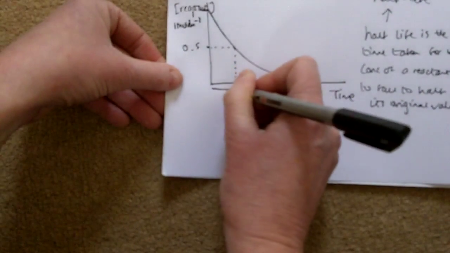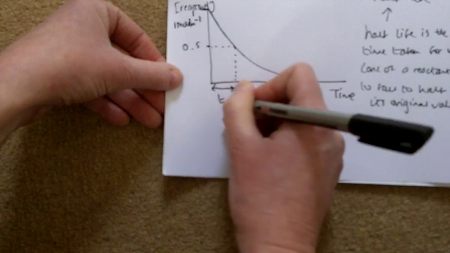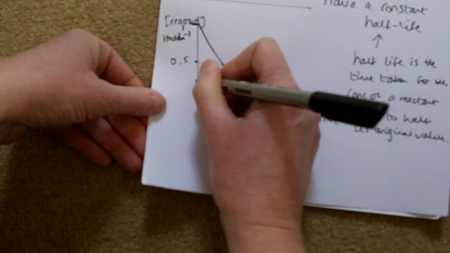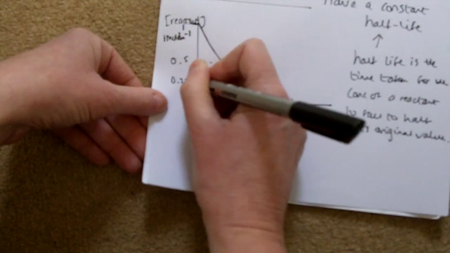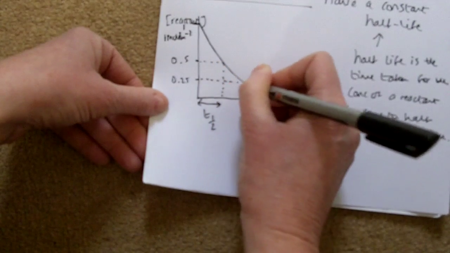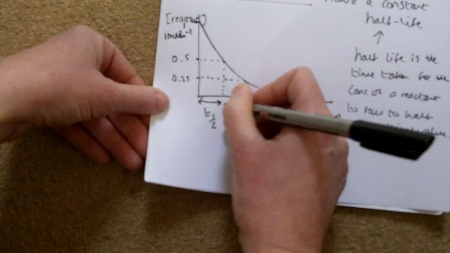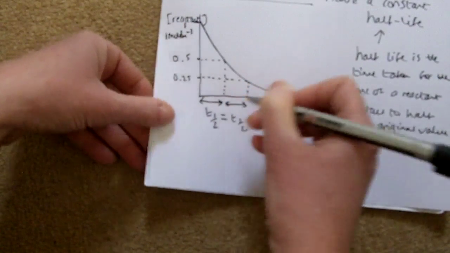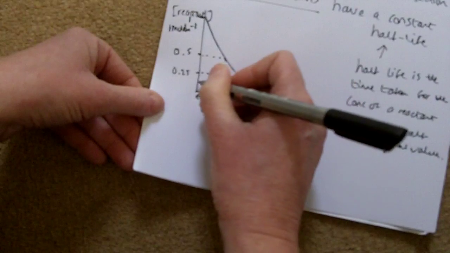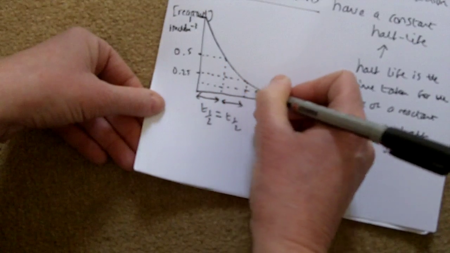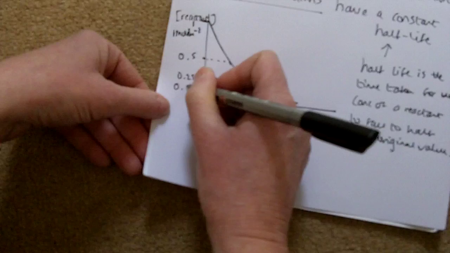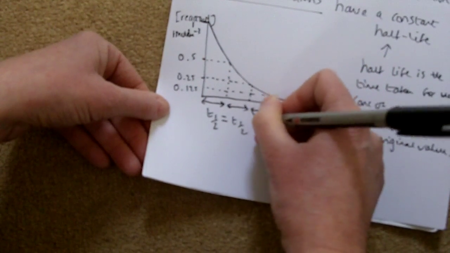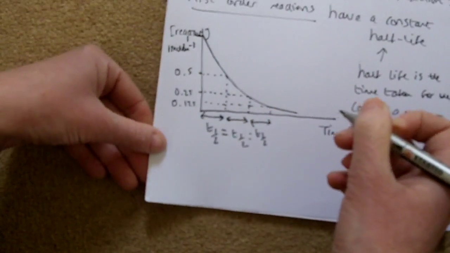I'm going to draw across, and the symbol we use for half-life is t half. Then if we halve again, to 0.25, that is the same time. Mine's a sketch and might not look brilliant, although it looks not too bad. That is the half-life, and they should be the same number. You should have a constant half-life. And then if you halved again, to 0.125, it will be the same half-life, a constant half-life.